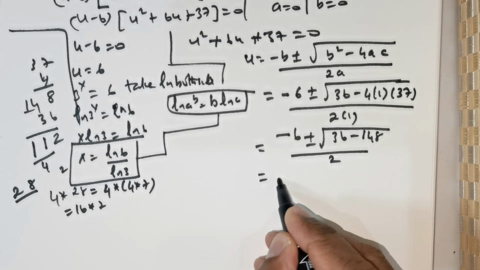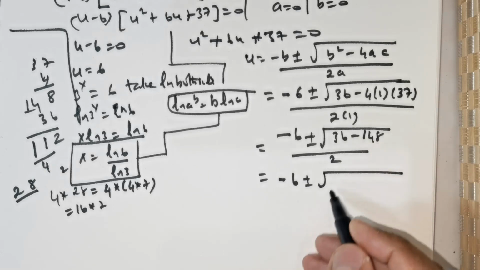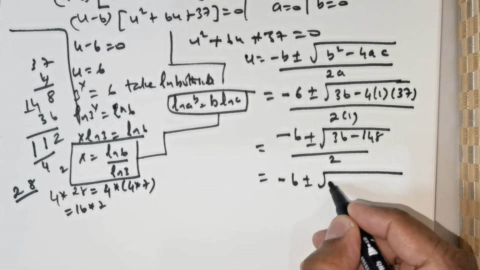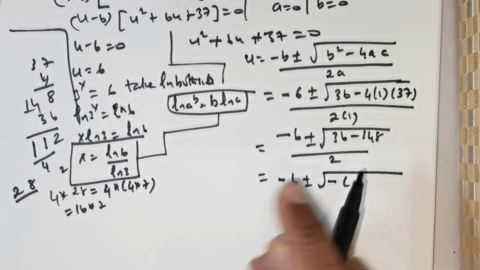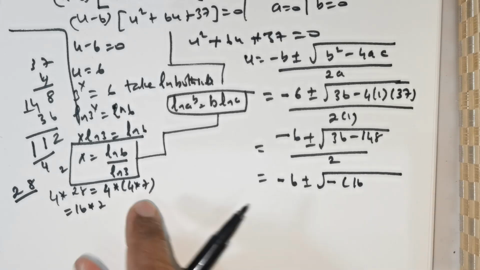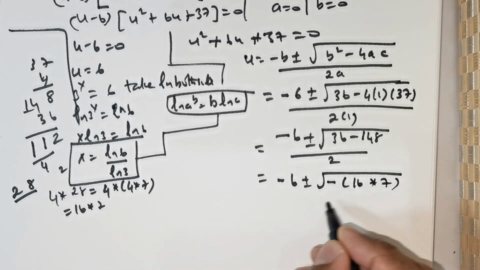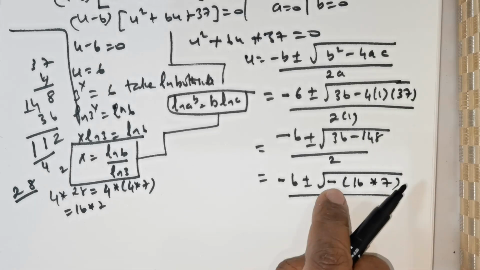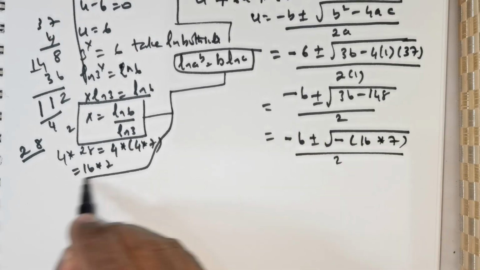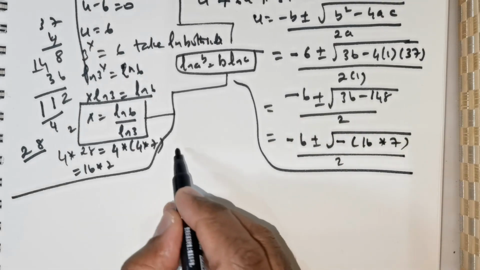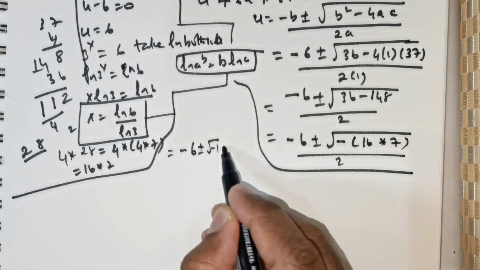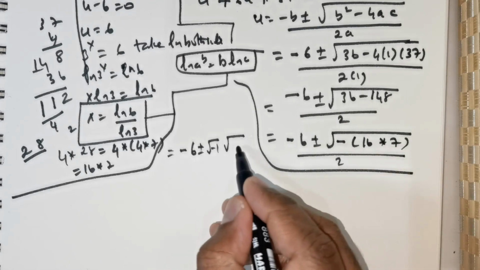So this is equal to negative 6 plus or minus root of negative 112. If you want, you can substitute negative 112 or just substitute negative of 16 times 7, right? Now this is actually a negative sign there, so I can very well rewrite this as negative 6 plus or minus root of negative 1 times root of 7.